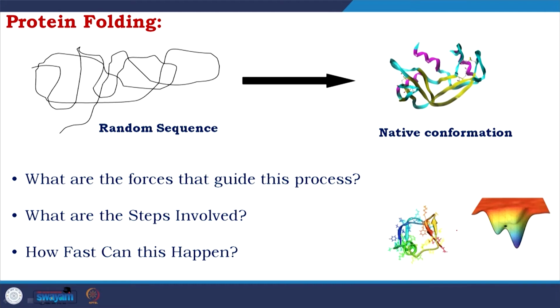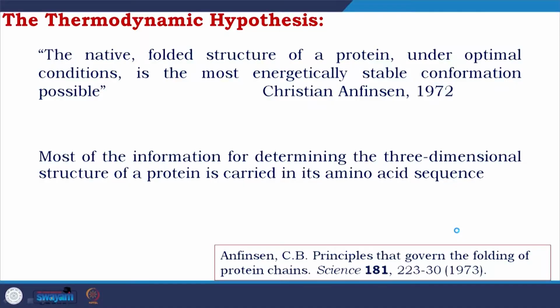So, what are the forces that guide this process? We discuss what are the steps involved and how fast can this happen. These are questions for millions of years, especially the last more than 100 years we are doing intense research about this.